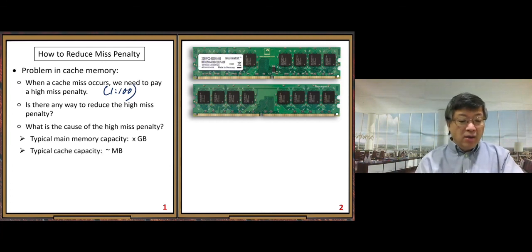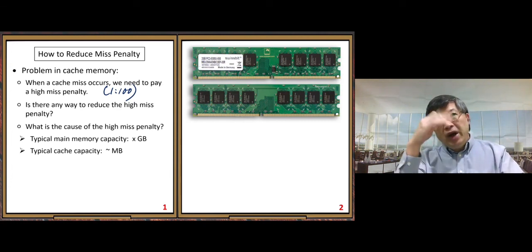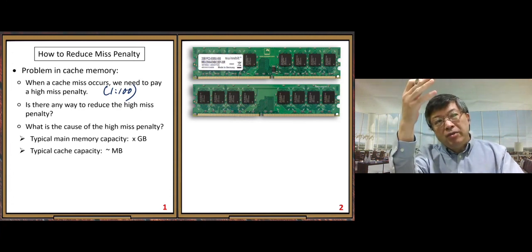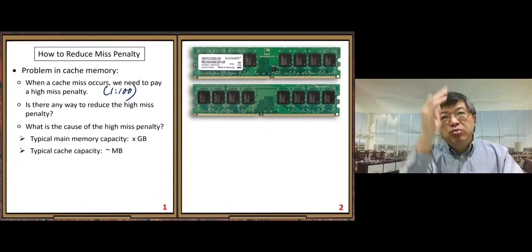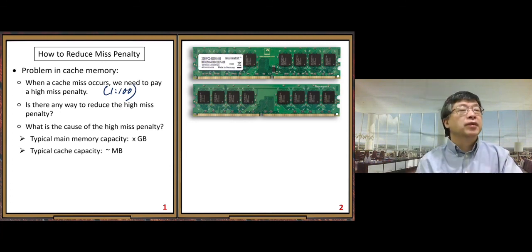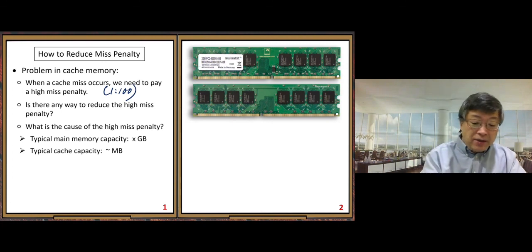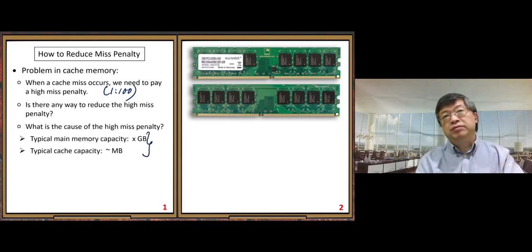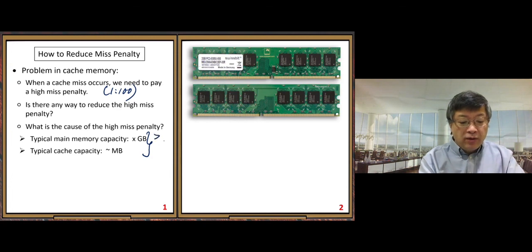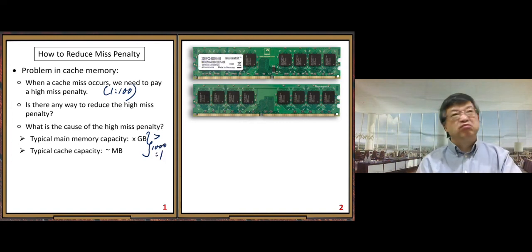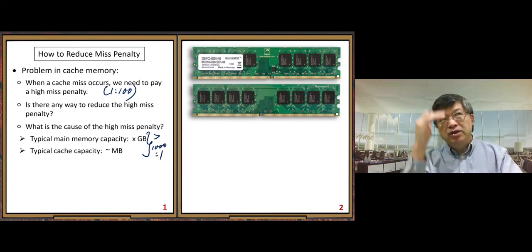But if you look at the cache capacity, it is in the range of a certain number of megabytes, or even sometimes smaller than 1 megabyte. Then you can see how big the gap is. The gap is usually greater than a 1,000 to 1 ratio. Giga, mega, 1,000 to 1.